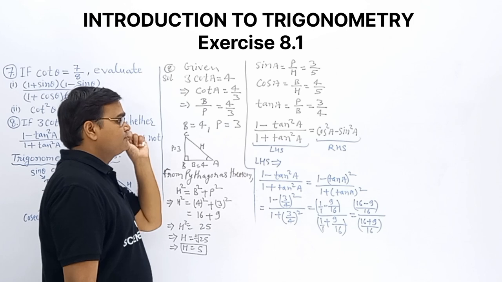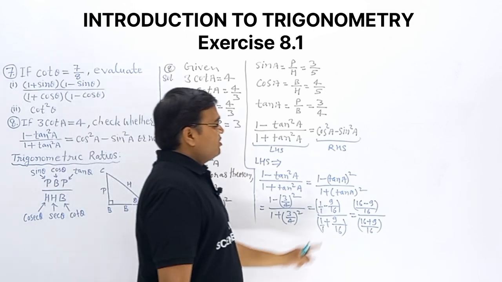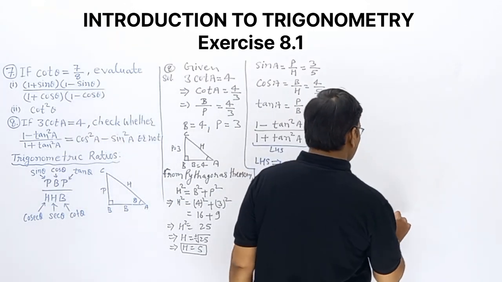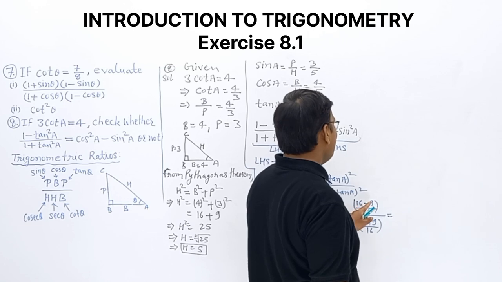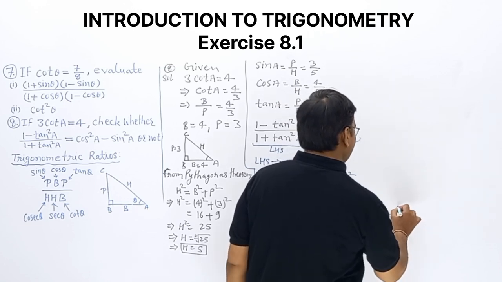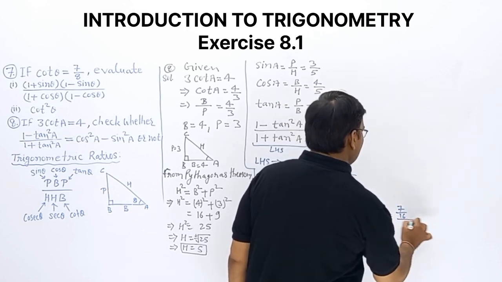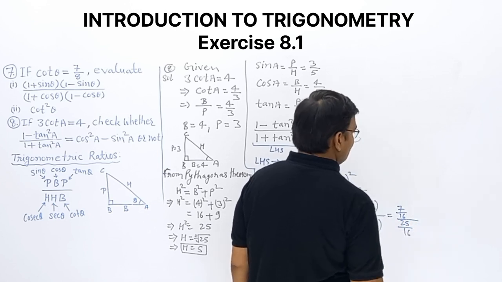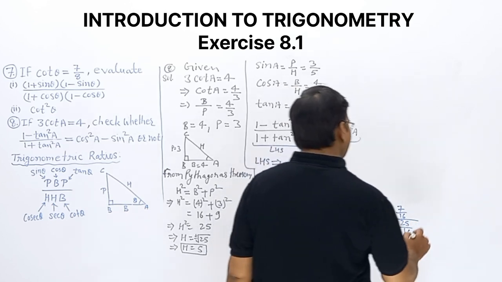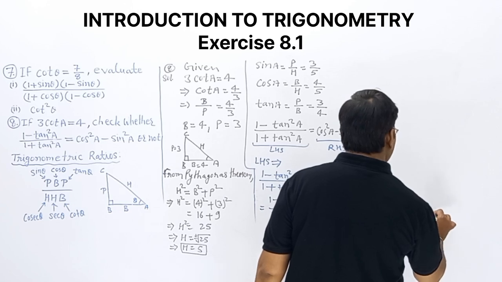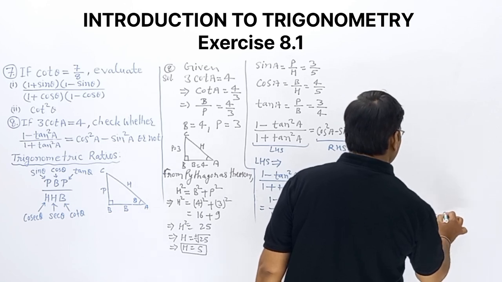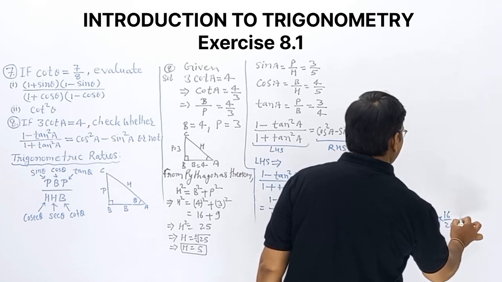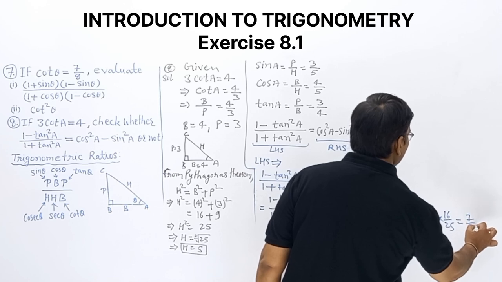Solve this one. 16 minus 9 is 7. So 7 upon 16 divided by 25 upon 16. How will we write this one? This can be written as 7 upon 16 into 16 upon 25, and finally we are getting 7 upon 25.